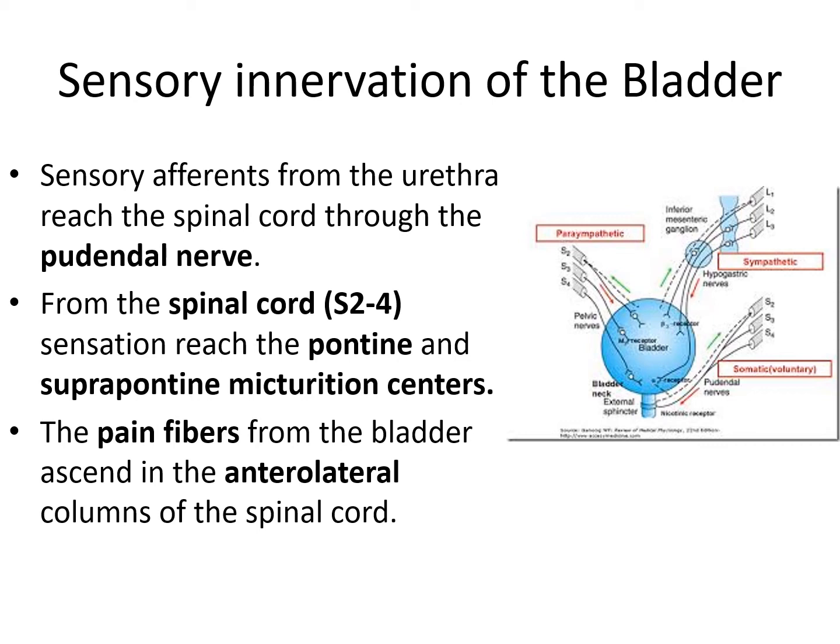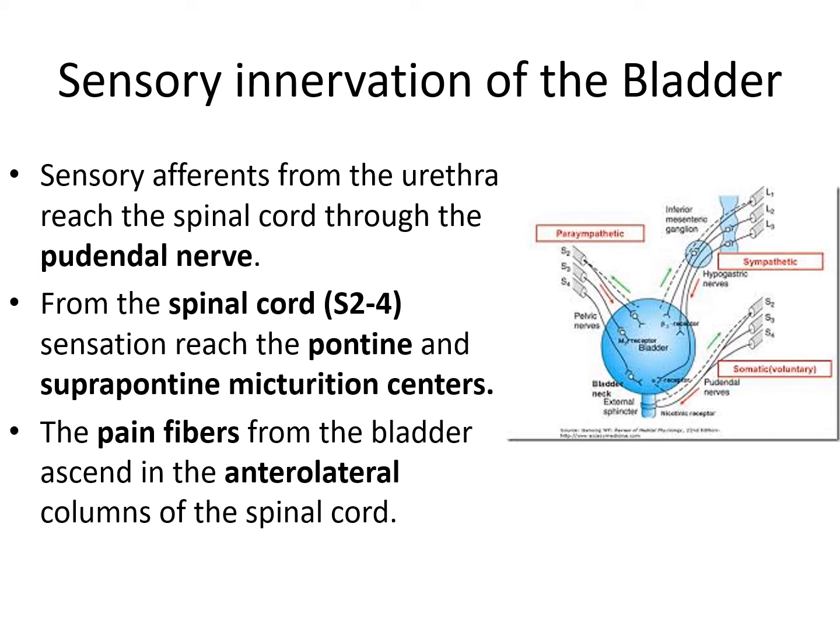That will abolish the stretch sensation of the bladder, so the micturition reflex will be hampered. But the pain fibers which pass by the anterolateral column of the spinal cord will be intact.